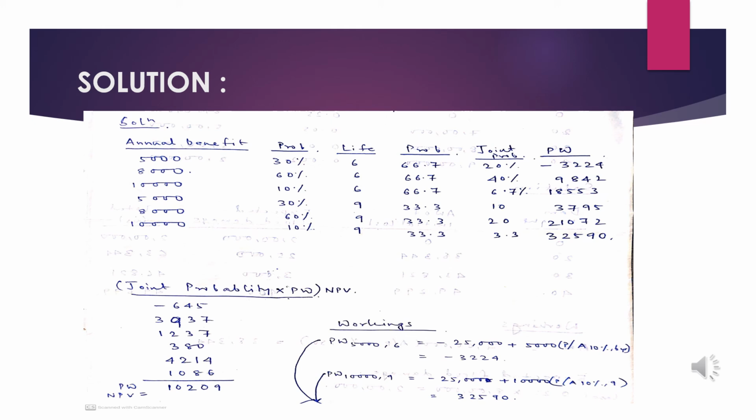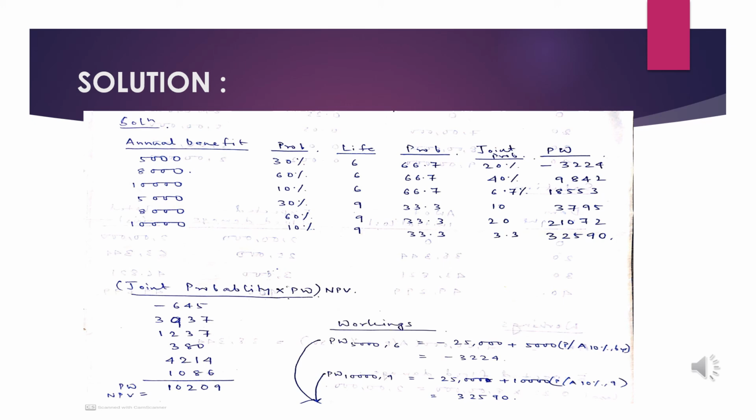So basically we can understand here that 5,000, 8,000 and 10,000 will run for a project lifetime of 6 years, and the same annual benefit values will run one more time for 9 years. And what is the probability that the project runs for either 6 years or 9 years?